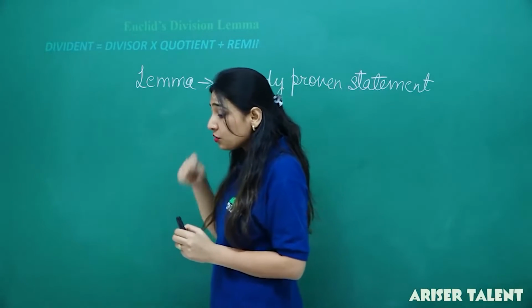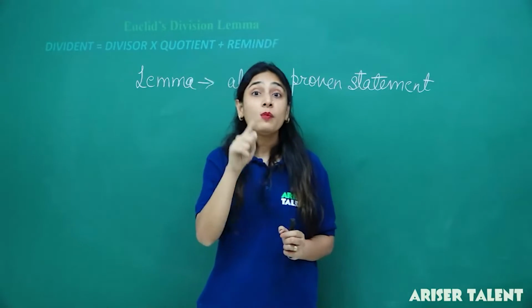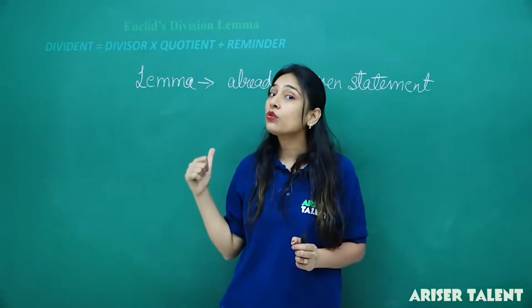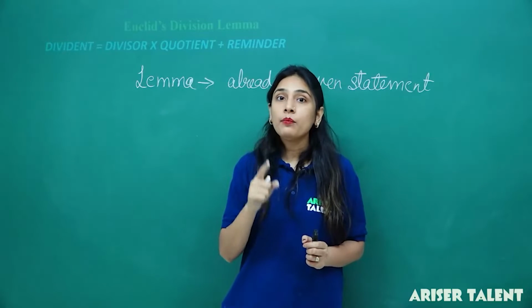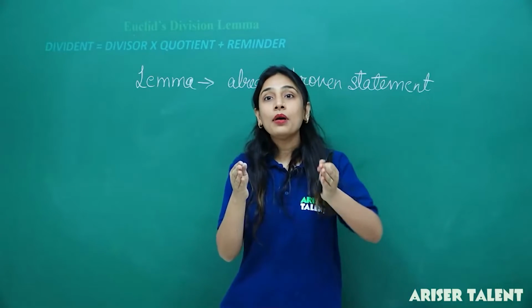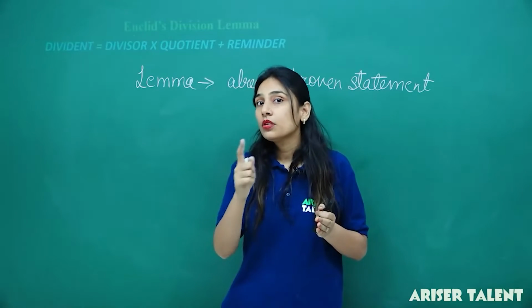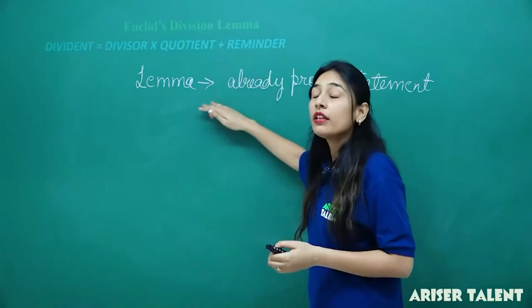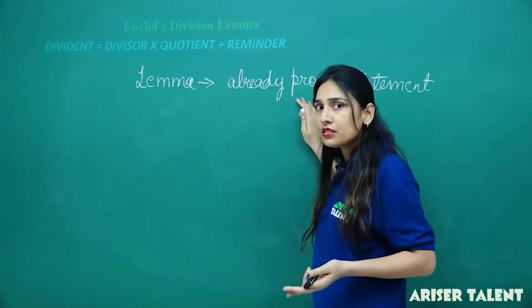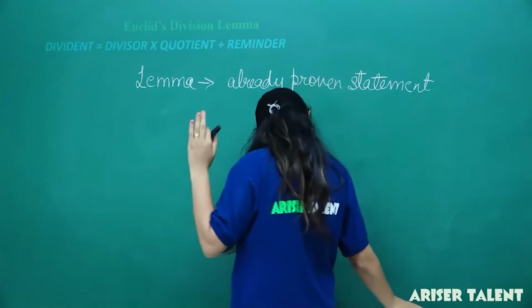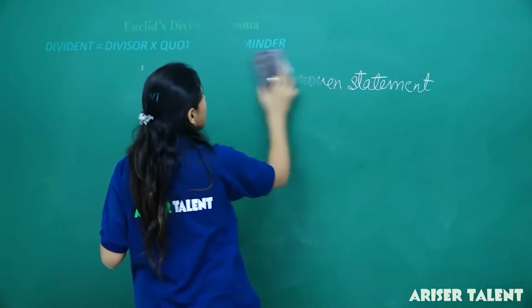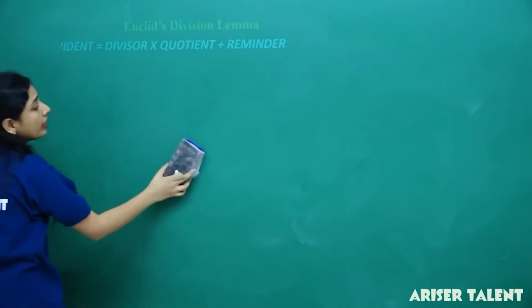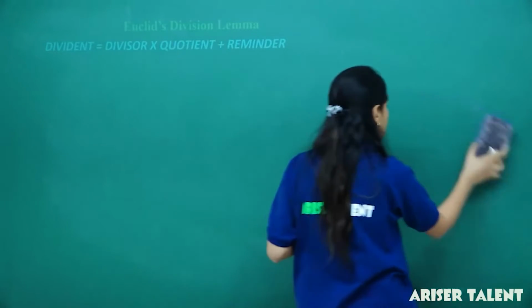I'm explaining this word to you in this way because we have another word, algorithm, in this particular chapter, and it is very important to distinguish between lemma and algorithm. So now you can understand what is lemma, an already proven statement like your mother's statement, because your statement is going to be judged by your mother's statement, because what she was telling to your teacher is absolutely right.